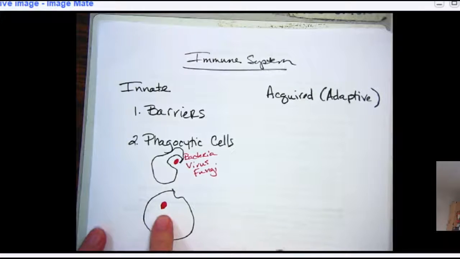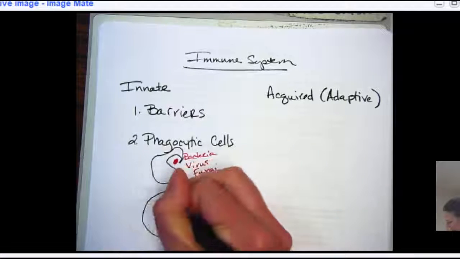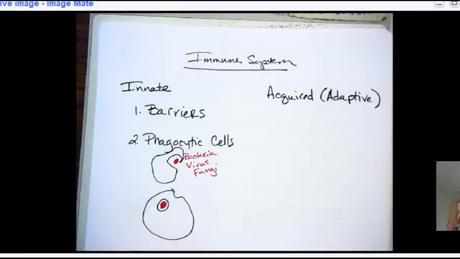And then what do they do with this pathogen once it's inside? It's in a little vesicle, right? Because the membrane pinched around it. So when it comes into the cell, it's in its own little pouch.